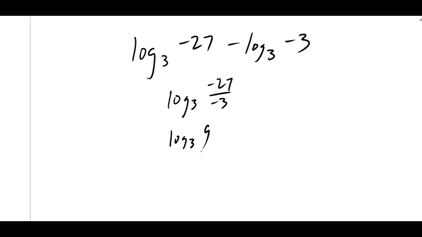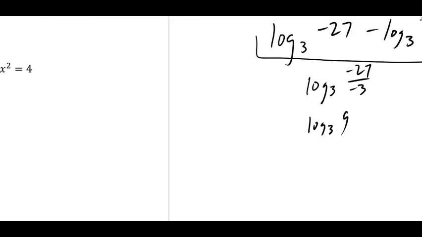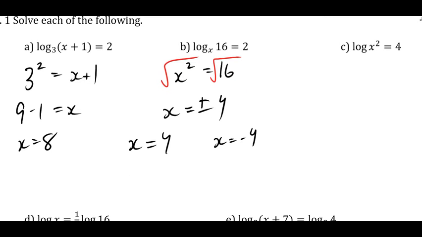But your calculator still won't work for that. Or, maybe there are calculators out there that do it differently, but mine certainly gives an error when you try to put it in like this, or if you ever take the log of a negative, it won't work. So even though in some cases we can find a value, typically when this happens, it means it's an error, so it's undefined.